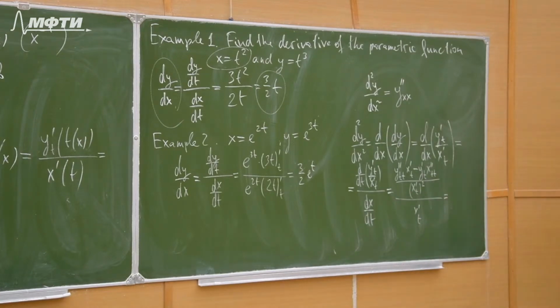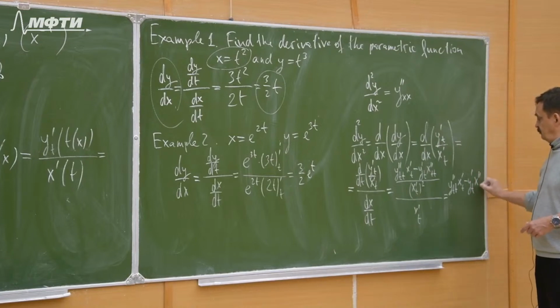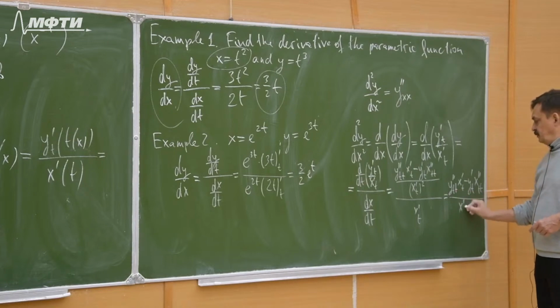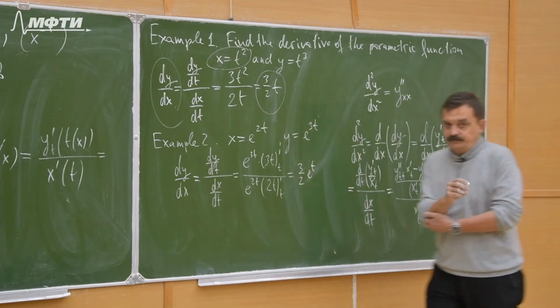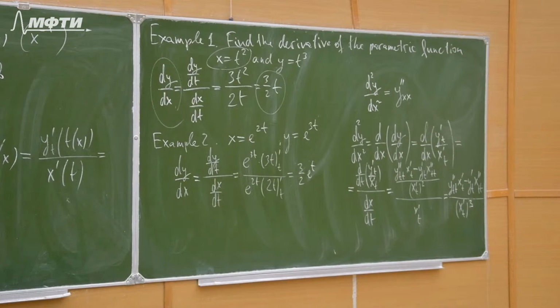It gives y double prime of t times x prime of t minus y prime of t times x double prime of t, over x prime with respect to t cubed. That is how to compute the second order derivative, and one example to that topic.